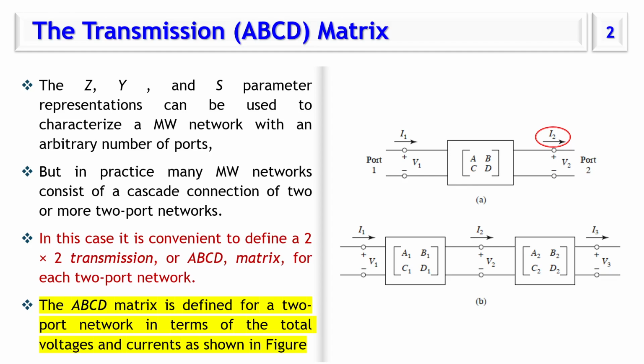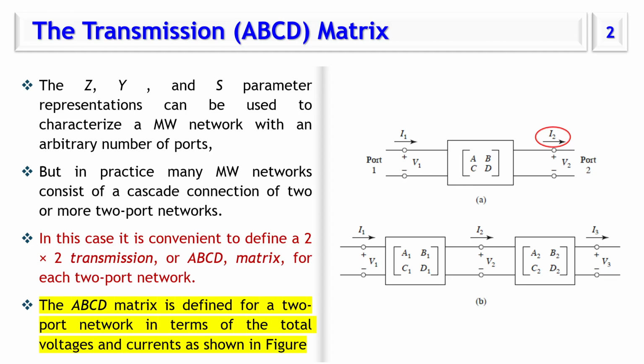For example, you put an amplifier followed by a filter, followed by another amplifier, and so on and so forth. So two-port network cascading is something very frequently encountered in microwave and RF networks.